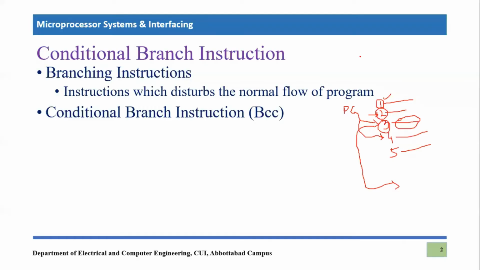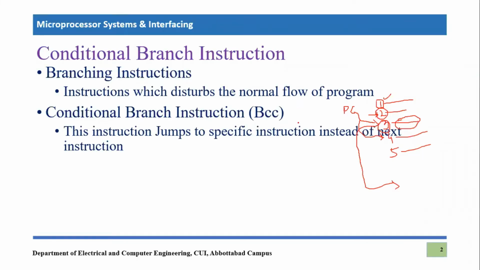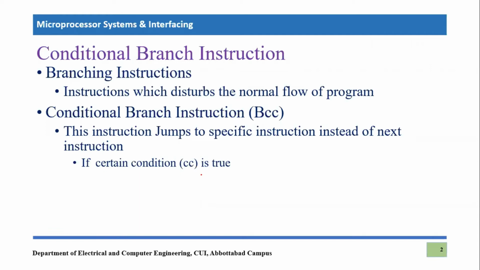So let's consider what is a conditional branch instruction. Conditional branch instructions are those instructions which jump only when certain conditions are true. There will be a certain condition that will be checked by the microcontroller or CPU, and if that condition is true, then the microcontroller will jump to a specific instruction, not to the next instruction. This jumping phenomenon depends upon the program counter. If a certain condition is true, it changes the content of program counter itself.